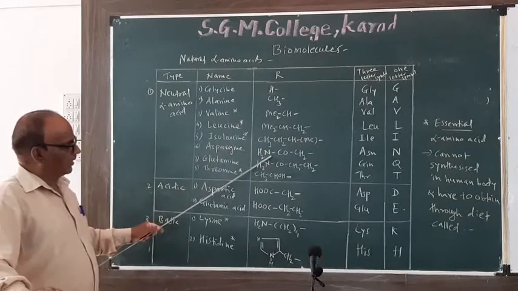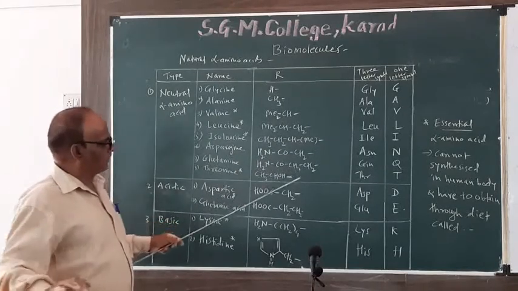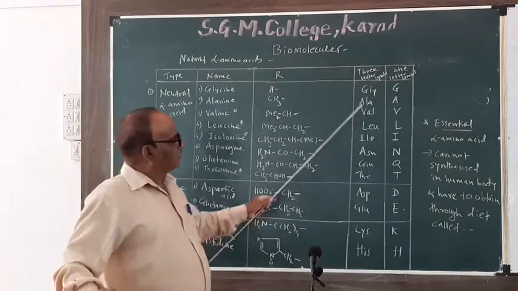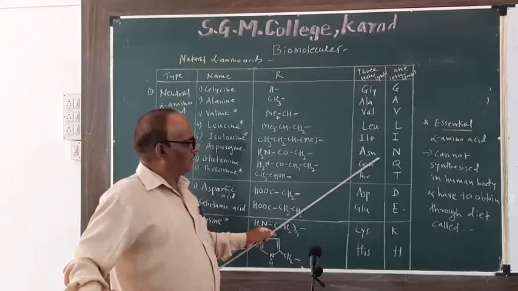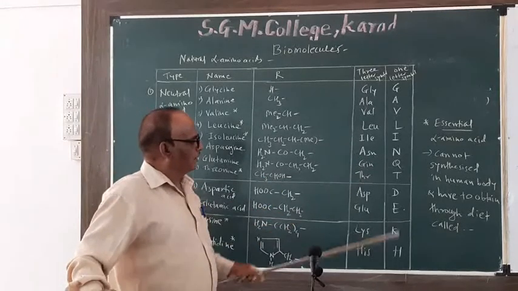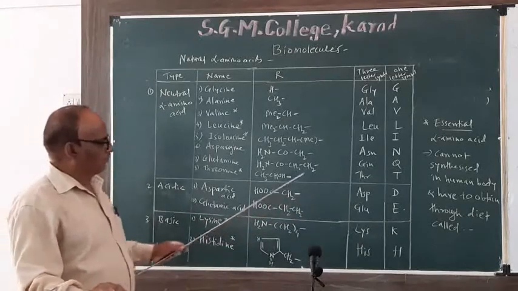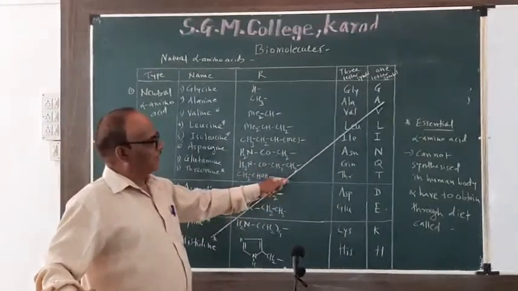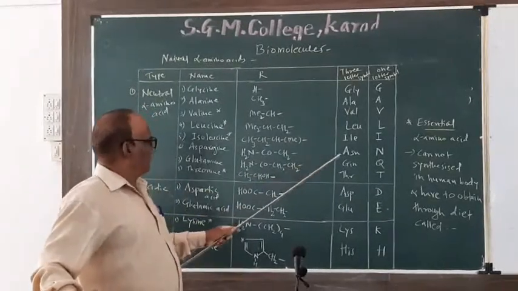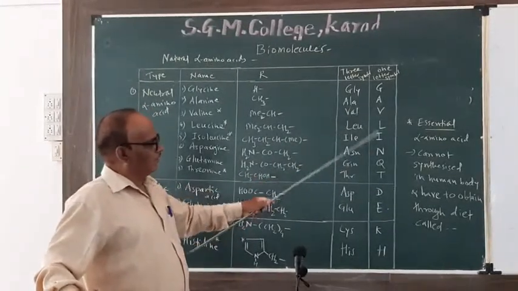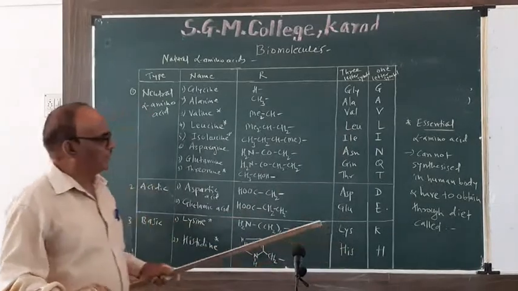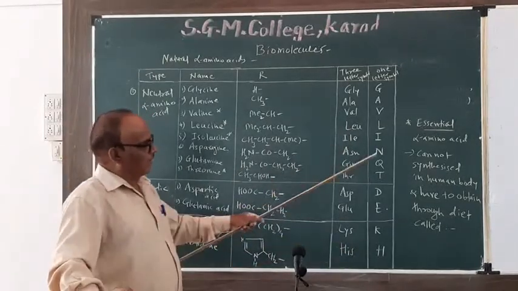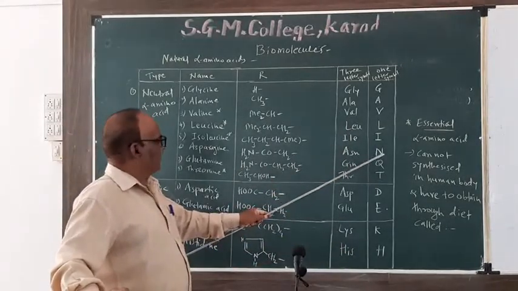The next example is asparagine. In asparagine, R is NH2CO, CH2. The three letter symbol is ASN and the one letter is N. Because alanine already has first letter A, if you take A for asparagine there would be jumbling between these two compounds. So another letter is taken, capital N for asparagine.